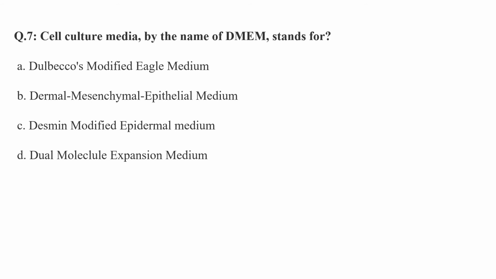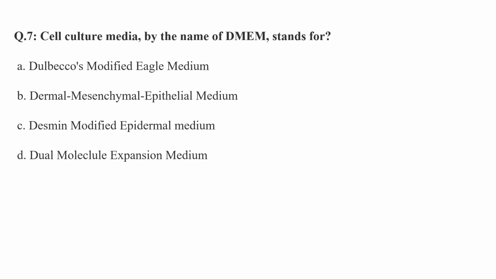This is the composition he developed for cell culture. He also developed other media, such as Eagle's basal medium and alpha minimum essential medium, different types of media.